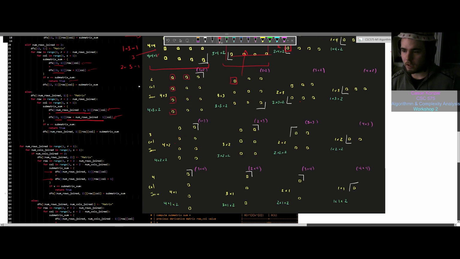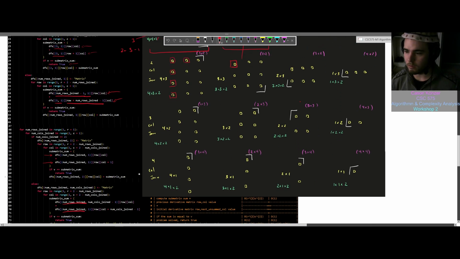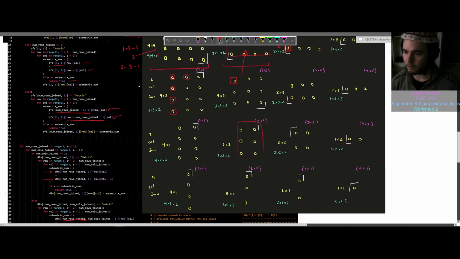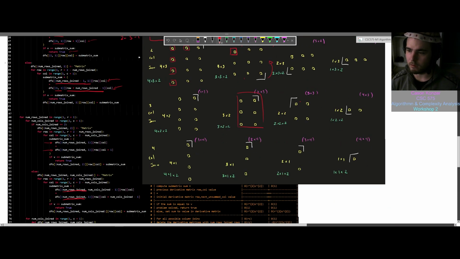I also say that you need to account for that number of rows joined when you are moving farther down, right? And you're referencing the previous derivative matrix as well as the base derivative matrix for those sets of columns joined.